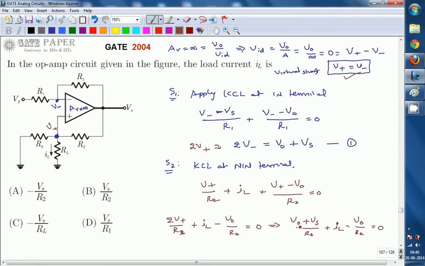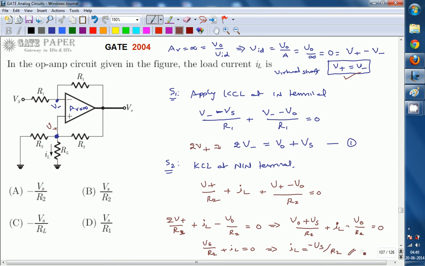The V0 by R2 terms cancel. What we get is Vs by R2 plus IL is equal to 0, so IL is equal to minus Vs divided by R2.